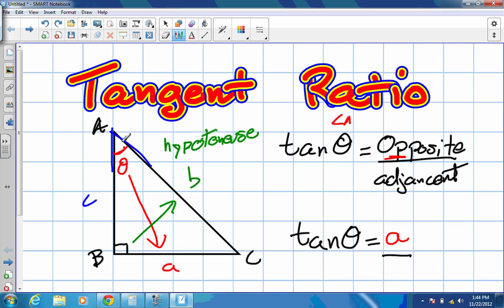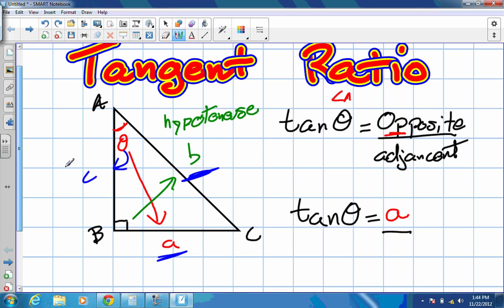So adjacent, in this angle, we have two sides touching it. Okay, one of them is the hypotenuse. That will never change. It will always be considered the hypotenuse, which means by deduction, what side is the adjacent side? C, right? We already have a name for B. A is our opposite side. We just spoke about that, right?